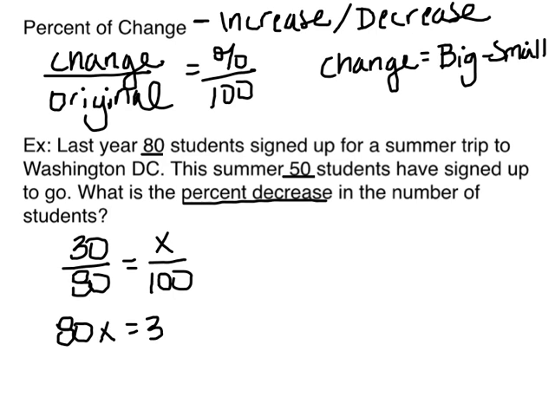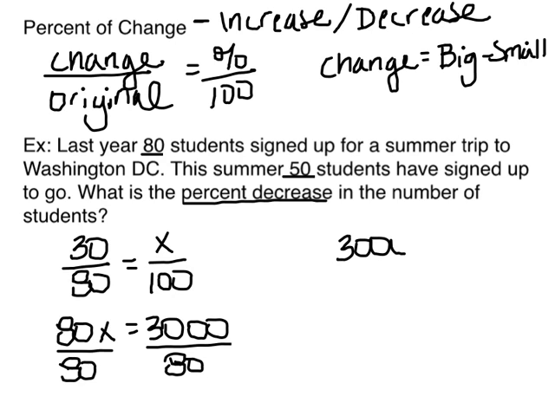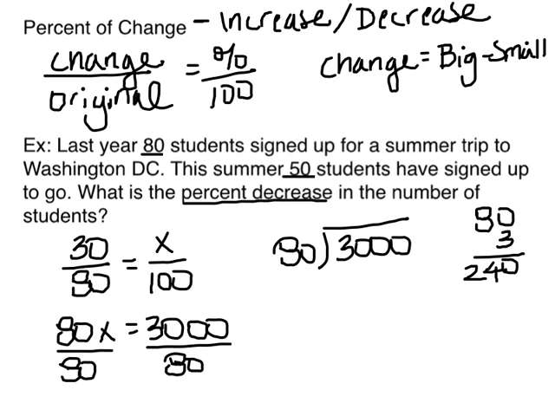So if you do your cross product, 80x equals 3,000. We're going to divide by 80. So we need to do 3,000 divided by 80. So 8 goes into 30 probably 3 times, so 80 times 3 is 240.